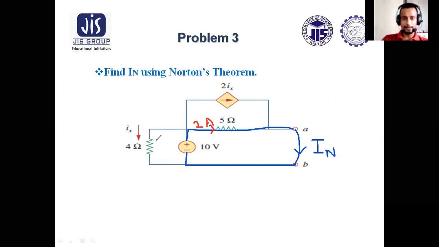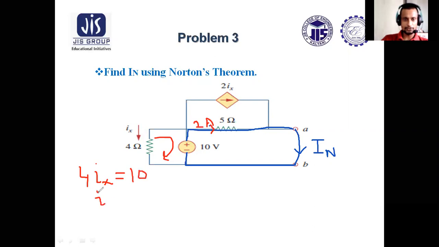Similarly, if we apply KVL in this loop, this 4 ohm and 10 volt are in parallel. So voltage across 4 ohm is 4ix, which should equal 10.